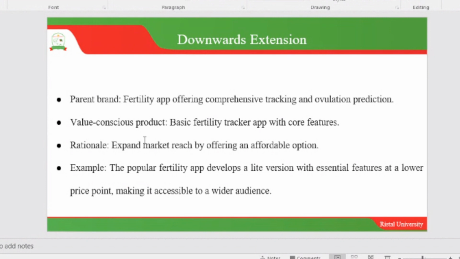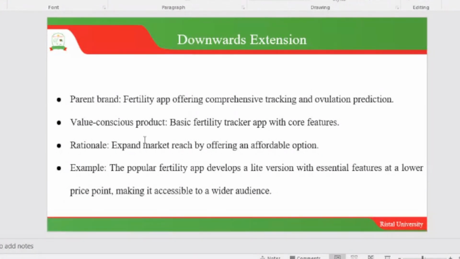So what happens is that the basic fertility tracker with the core values. So what is the value conscious product? Instead of offering that fertility app, yet you know that products are expensive to maintain, probably it needs data and so forth, so you will reduce that product and have it value conscious.